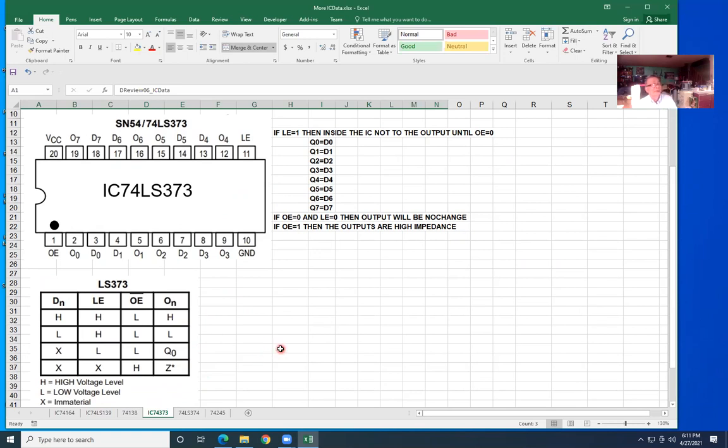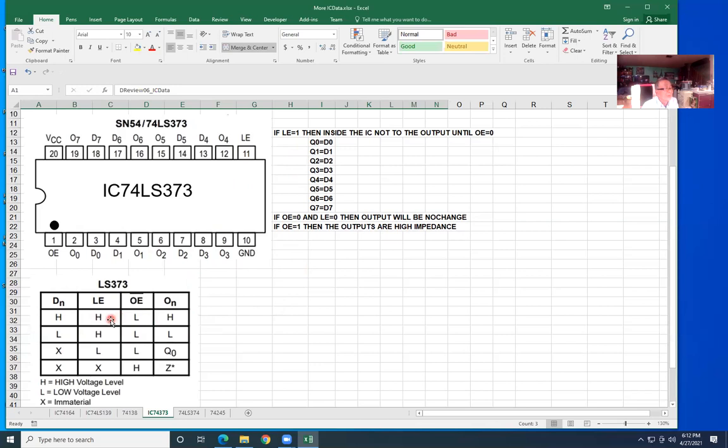Okay, now, first thing, if you get the data at the input, say all ones: 1, 1, 1, 1, 1, 1, 1, 1. First thing, if you apply the input 1 to the D input here, and you want it to go inside this IC, then LE must be 1.